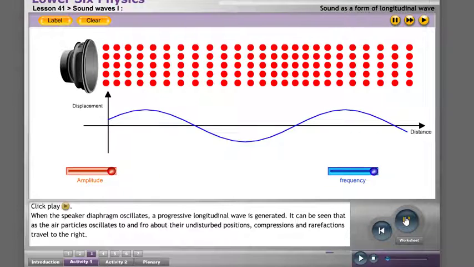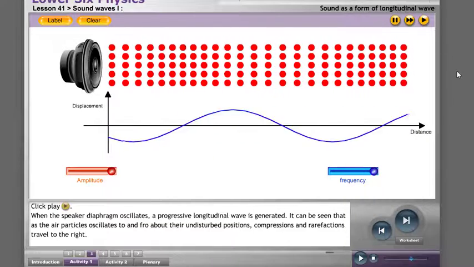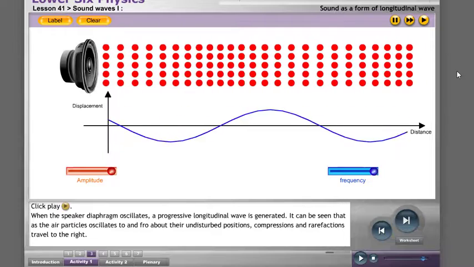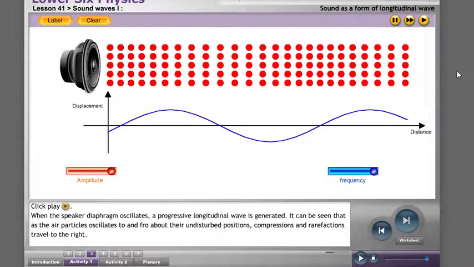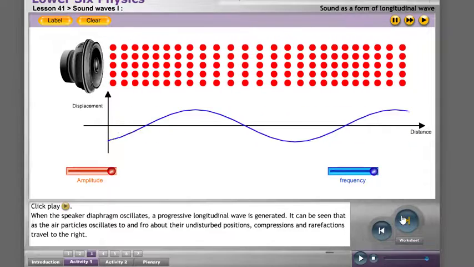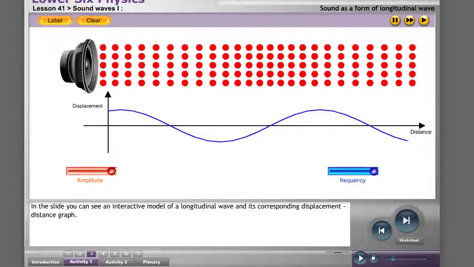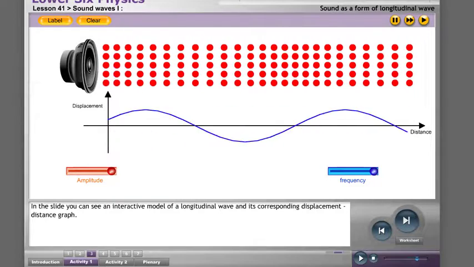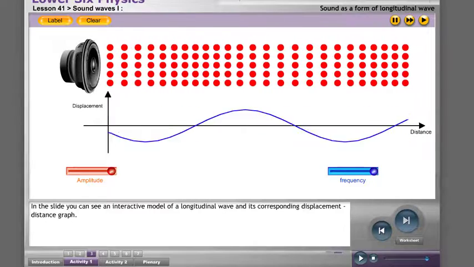Click play. When the speaker diaphragm oscillates, a progressive longitudinal wave is generated. It can be seen that as the air particles oscillate to and fro about their undisturbed positions, compressions and rarefactions travel to the right. In the slide, you can see an interactive model of a longitudinal wave and its corresponding displacement distance graph.